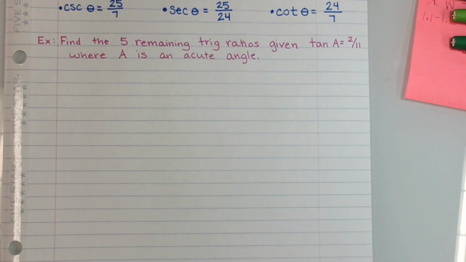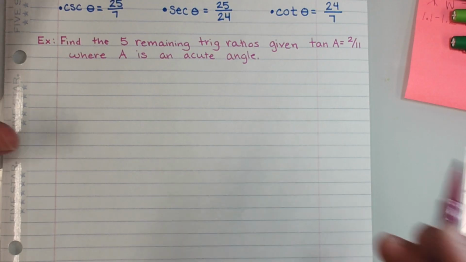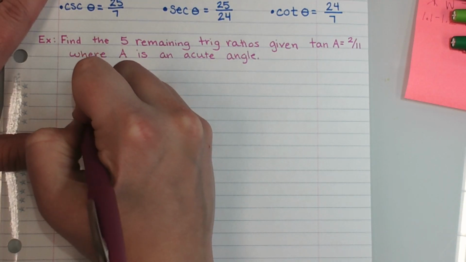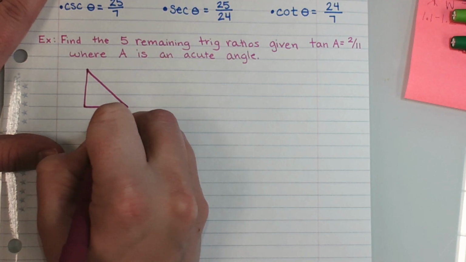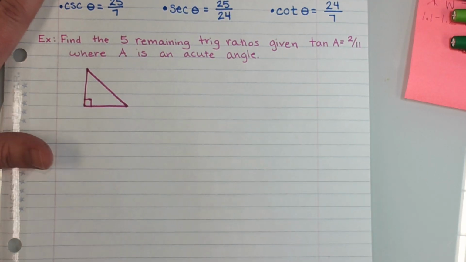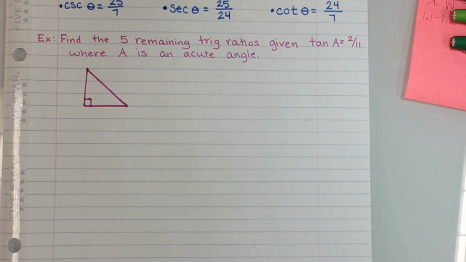I'm giving you a trig ratio, which means I'm giving you information essentially about a triangle. Specifically, I know it has to be a right triangle. Draw myself a right triangle. I know on this right triangle there's going to have an acute angle A in it.